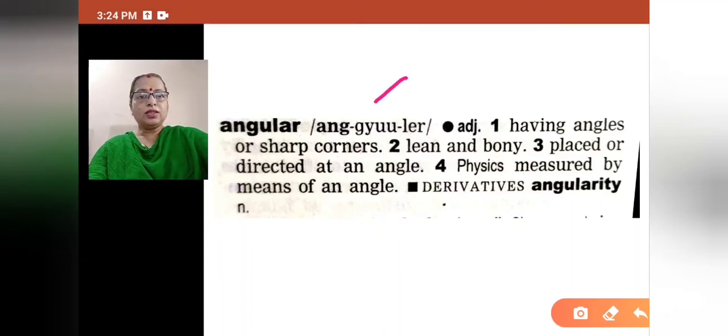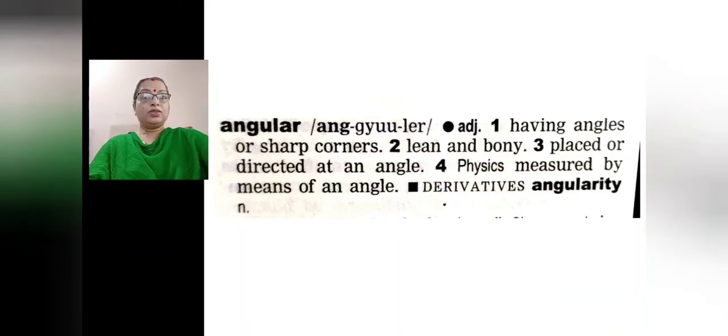You can see that this pronunciation is divided into syllables. Okay. And how many syllables are there? Angular. That means it has 3 syllables. Okay. So see children how important it is.